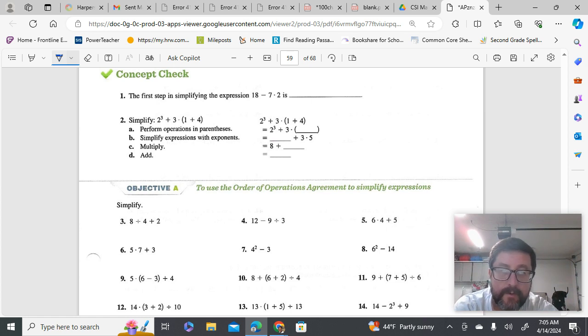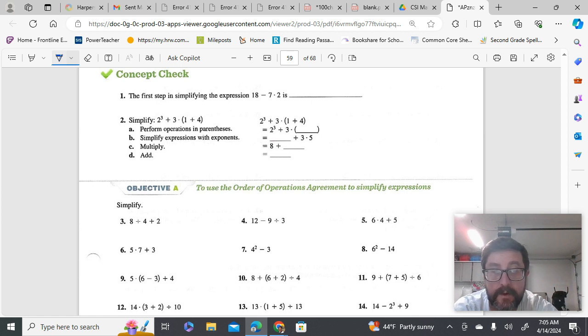This says simplify. Simplify doesn't always mean you have to come up with an answer if there's no equal sign. We're working on number 3 right now: 8 divided by 4 plus 2. Well, you do the divided by first because it's Dear, My Dear Aunt Sally, and Aunt comes after My.